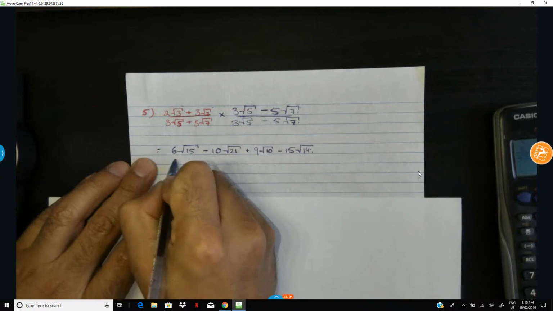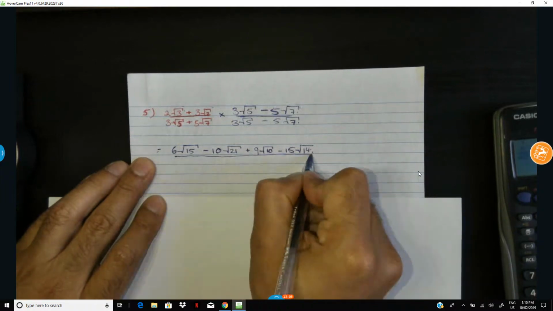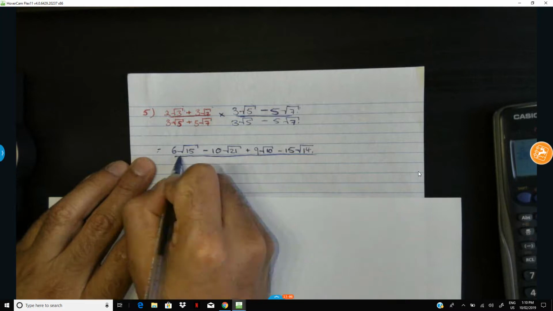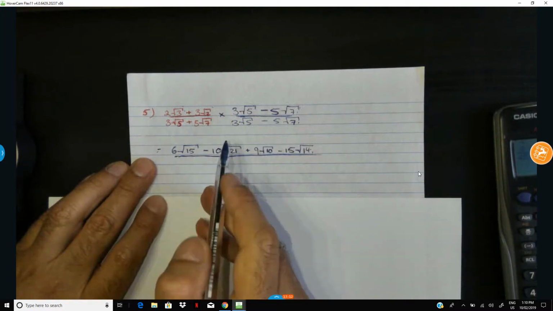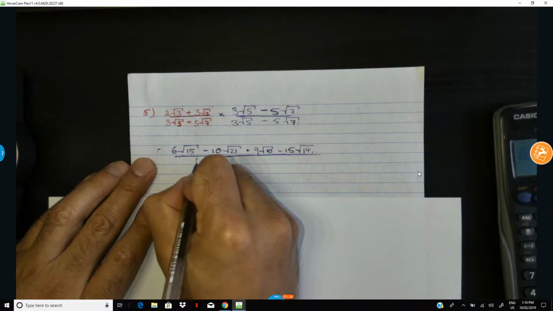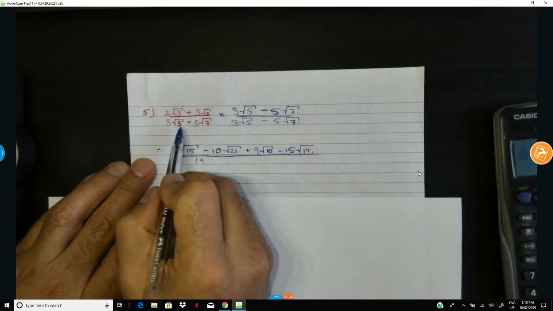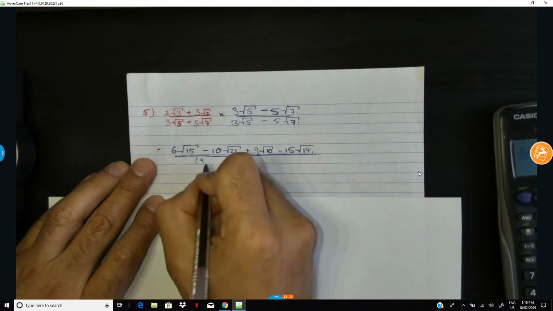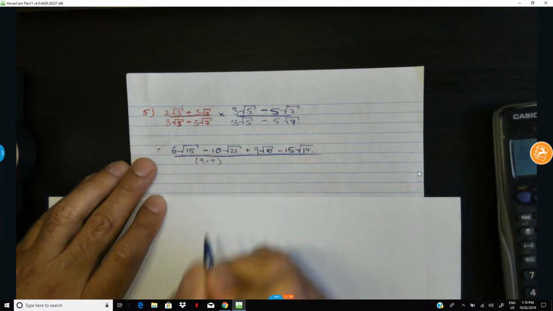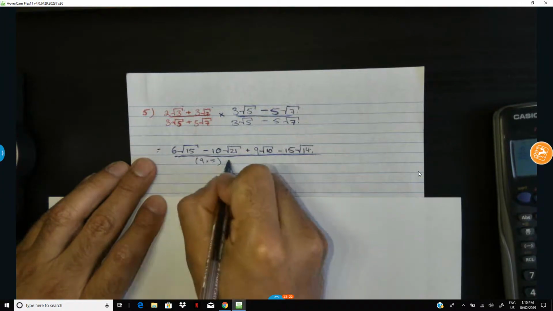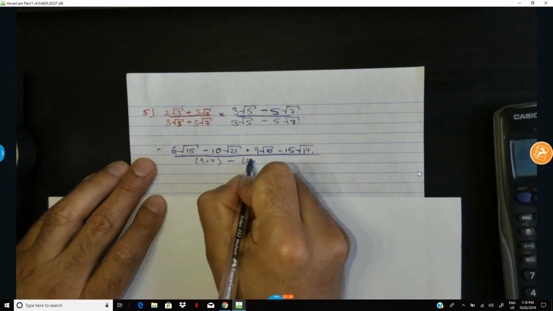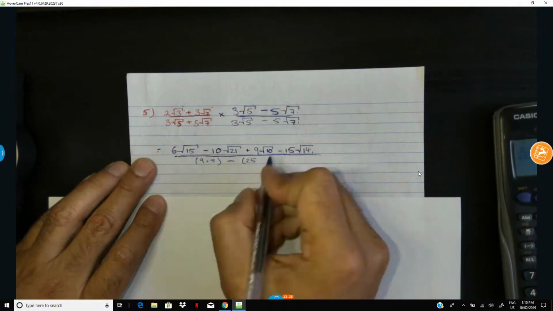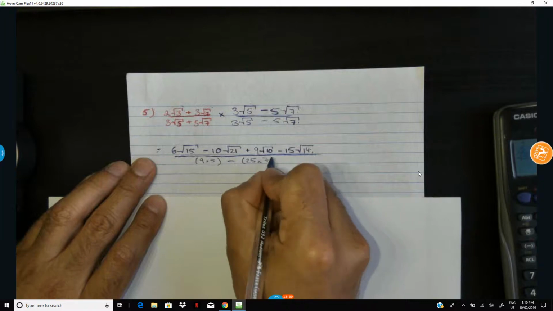Now that's all over this denominator. So 3 times 3 is 9. Square root 5 times square root 5 is just 5. And now 5 times 5 is 25. Square root 7 times square root 7 is just 7.